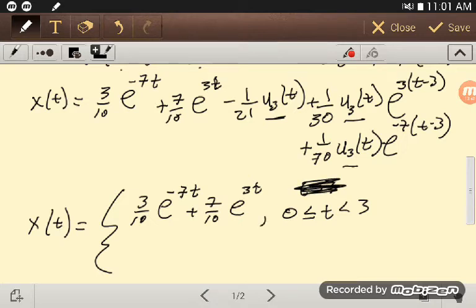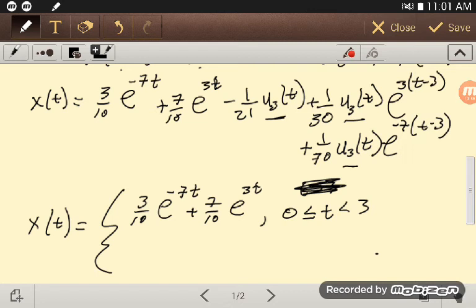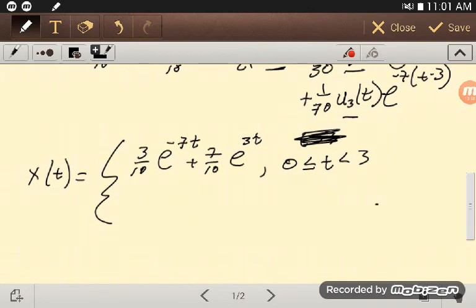But then, once we hit 3, we have that whole big thing. So we have our 3/10 e to the minus 7t plus 7/10 e to the 3t.